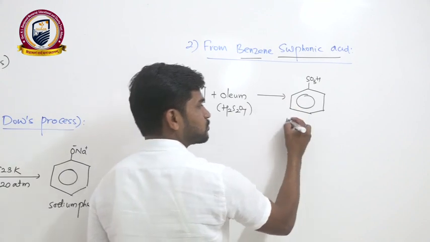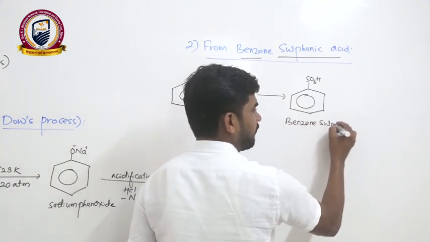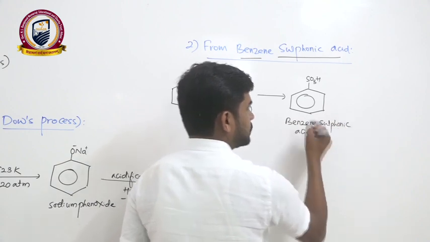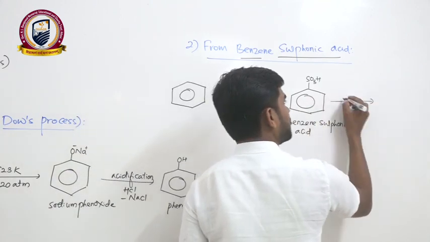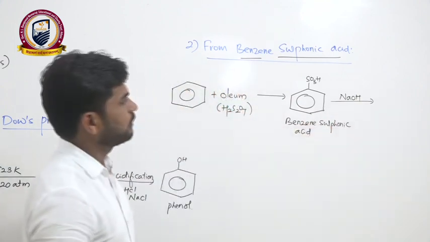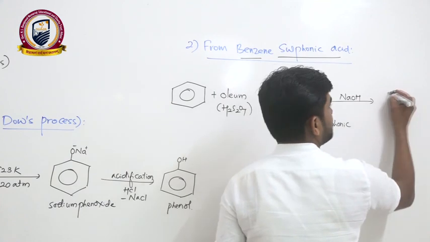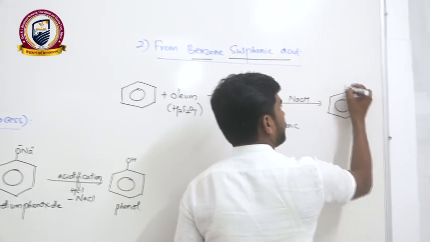So this compound is called benzene sulfonic acid. This benzene sulfonic acid on treatment with excess of sodium hydroxide forms the corresponding compound called sodium phenoxide.